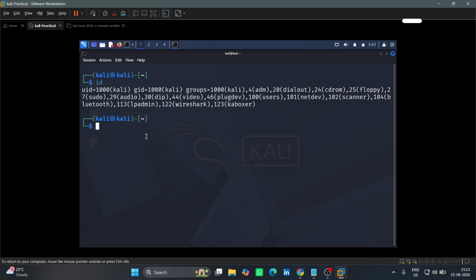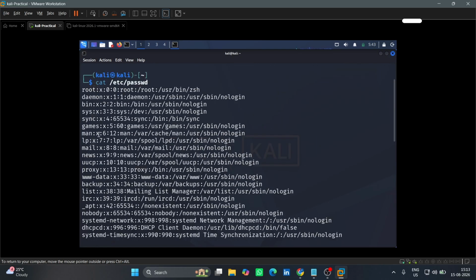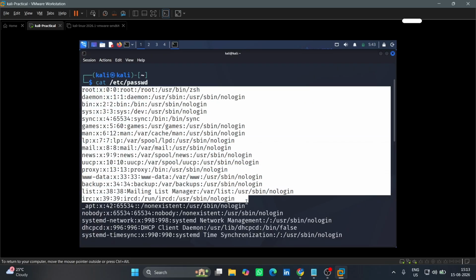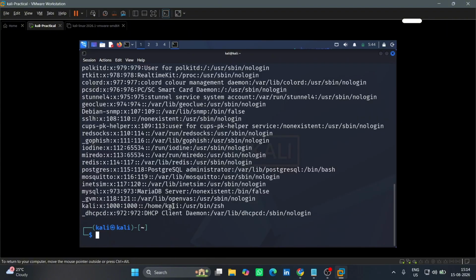There is a specific file inside the etc directory, which is /etc/passwd. This is the information about all the users who are right now on this machine. If you take a look here, you can also find one entry named Kali.